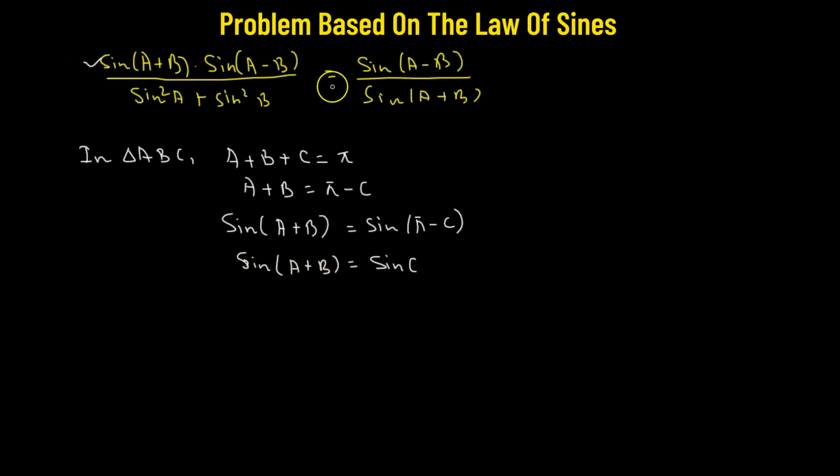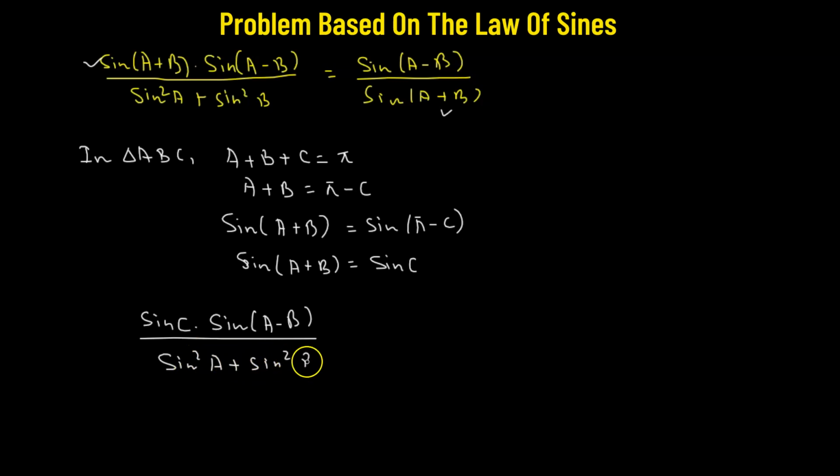So we'll replace the sine(A plus B) with sine C, which gives us sine C multiplied by sine(A minus B), whole divided by sine squared A plus sine squared B, equals sine(A minus B) divided by sine C. Fine.